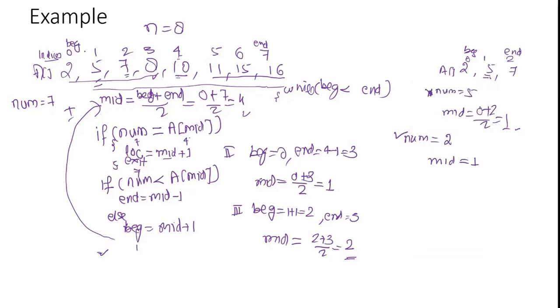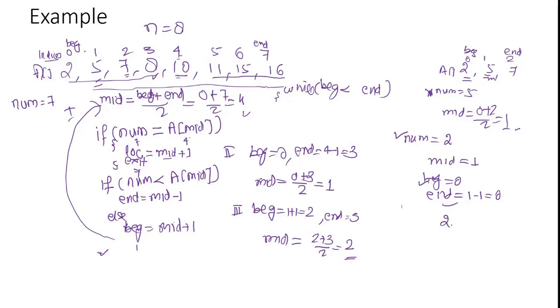No, number is not equal to A of mid. So we will check whether number is less than A of mid. Yes. So what we will do, we have to shift end to one position before the mid. This is mid. So here beginning will remain at 0 and end will be mid minus 1, and mid is 1, so end will be 1 minus 1, which is 0. See, here beginning and end are at the same position.